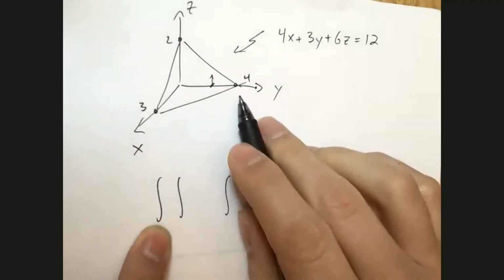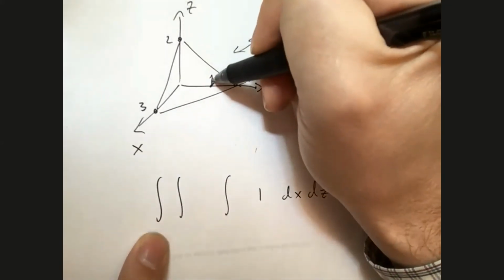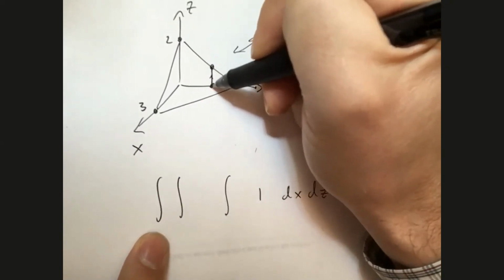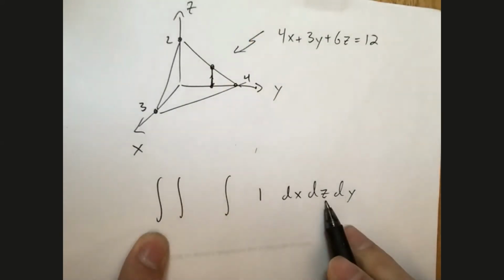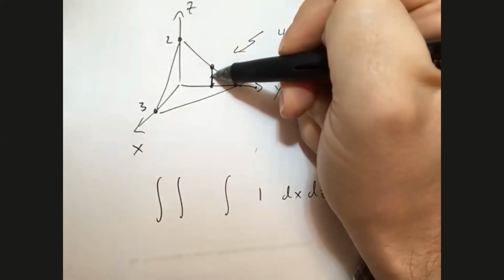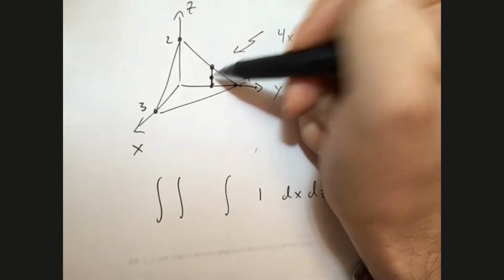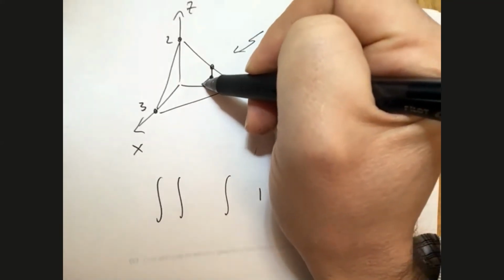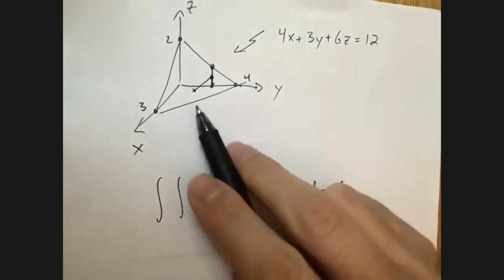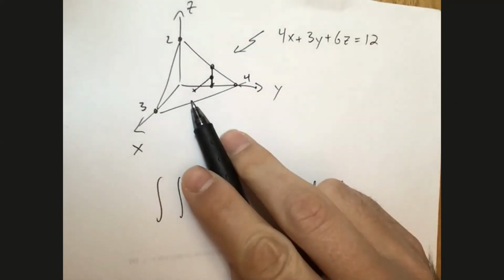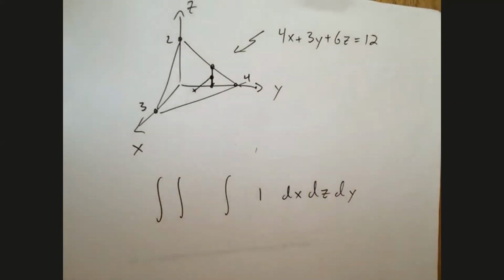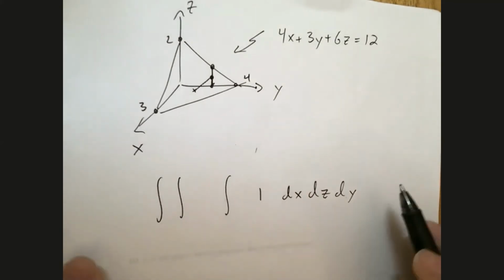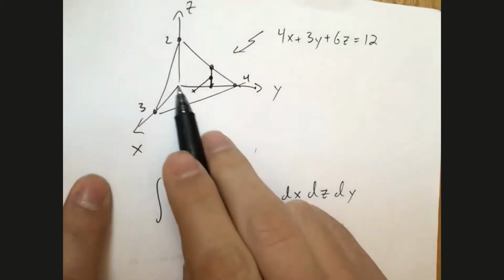For any fixed y, I'm going to go up here and integrate with respect to z. Then as I move along this line, I'm determining a y and a z. So for each fixed y and z, how far do I come out in the x direction until I hit this surface? That's how we're doing it this way. So what does y range from? Y goes from 0 to 4.